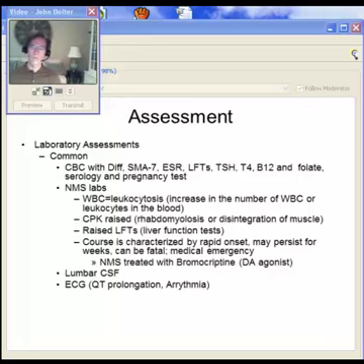LFTs is essentially liver function. Then your TSH and your T4 and your B12 and your folate. They kind of want you to have some broad idea of the normal values, but just broad because every lab's a little bit different, and any lab you're getting, there's going to be differences in those numbers somewhat because it's based on the 95% interval for their population of patients.